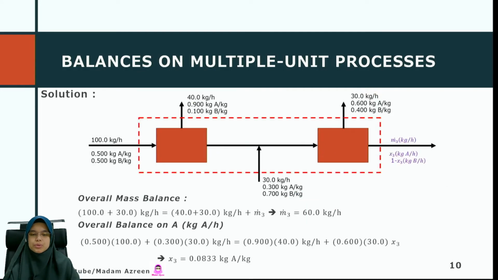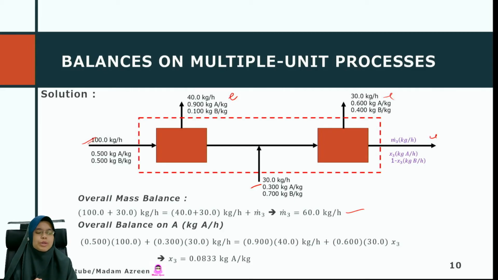Okay, so we continue with choosing the outer boundary condition or overall boundary condition. So we do an overall mass balance. This one and this one should be our inlet, and this one is our outlet. So straight away we get the value of M3.